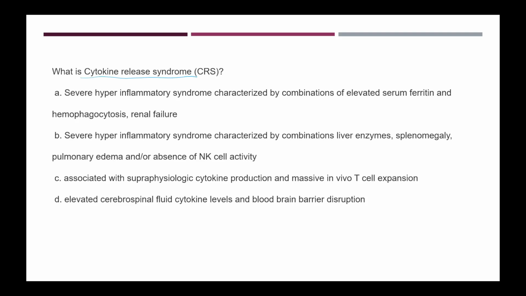So this cytokine release syndrome is associated with supraphysiological cytokine production, okay, and a massive in vivo T cell expansion. So the more cytokine production followed by the T cell expansion, that is the cytokine release syndrome, which can damage your own healthy cells as well. So this is the correct option.